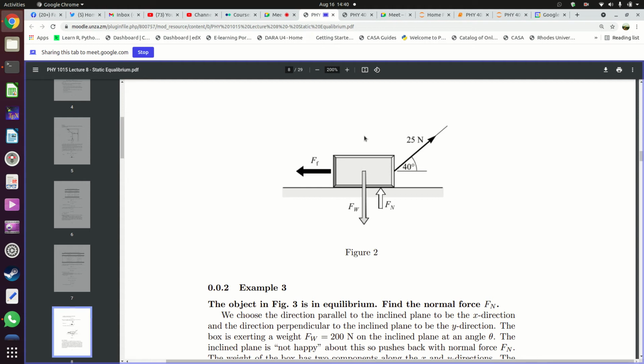If I choose up to be the positive y-axis, then down is going to be the negative y-axis. Is that clear? If I choose the direction in which the box is moving, because it's sliding like this, to be the positive x-axis, then this side is going to be the negative x-axis. Then if I choose up to be positive, that would be the positive y-axis, then down is going to be the negative y-axis. Are we clear?